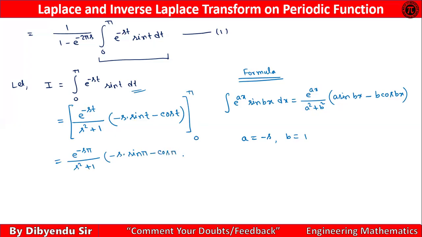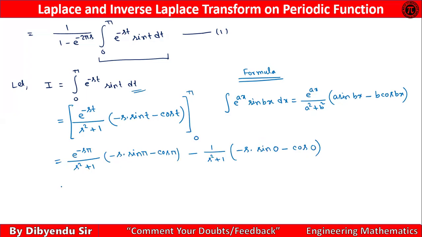This is the upper limit. Minus, we have to put the lower limit, t equal to 0. That means e to the power 0, which is 1, so 1 by s square plus 1 into minus s into sine 0 minus cos 0.